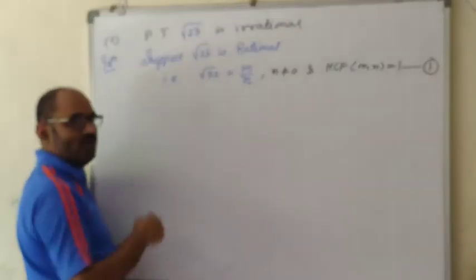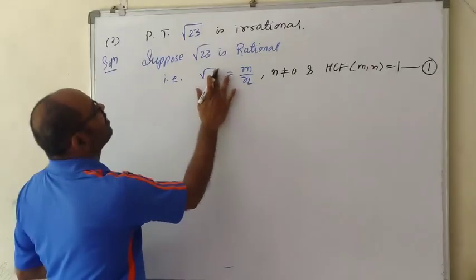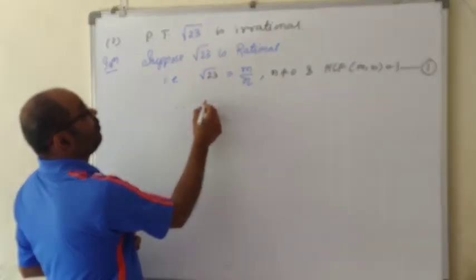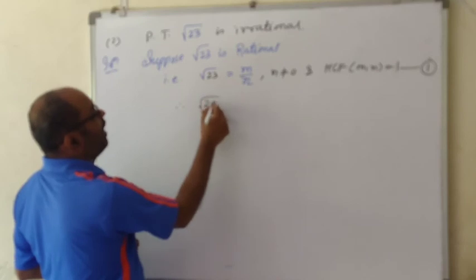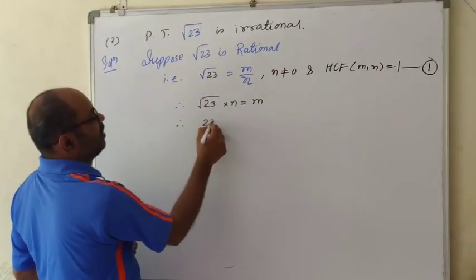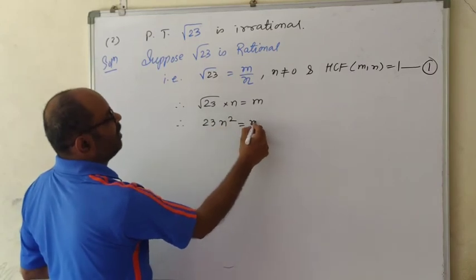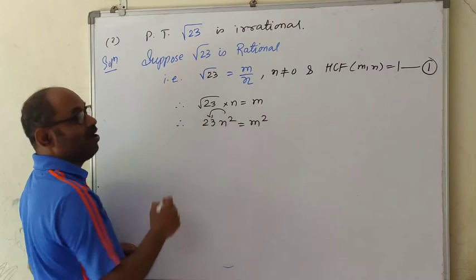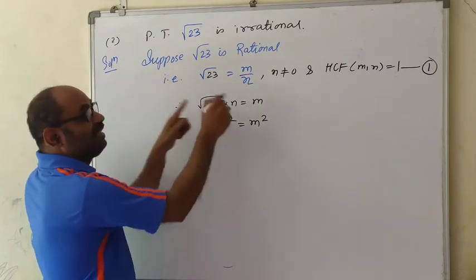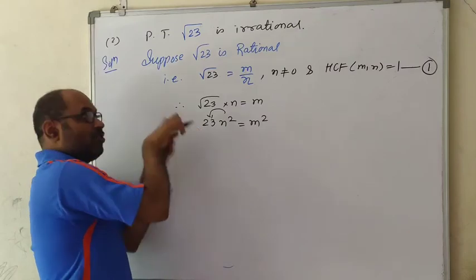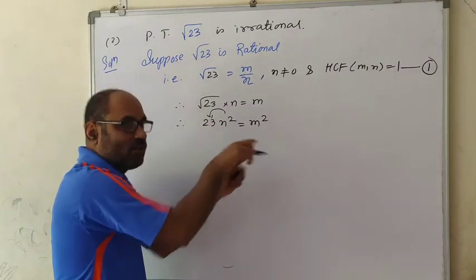Same way we'll continue. We have to get rid of the square root. Root 23 into N is equal to M. Squaring both sides, 23 N square is equal to M square. Look at 23. So this is a multiple of 23. So M square is a multiple of 23. So 23 is a factor of M square.